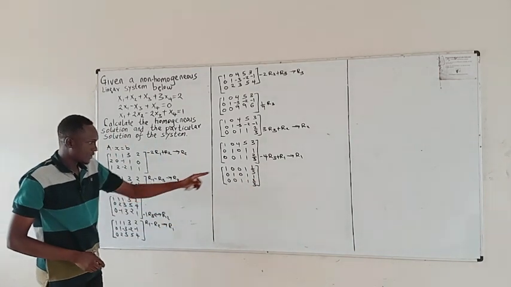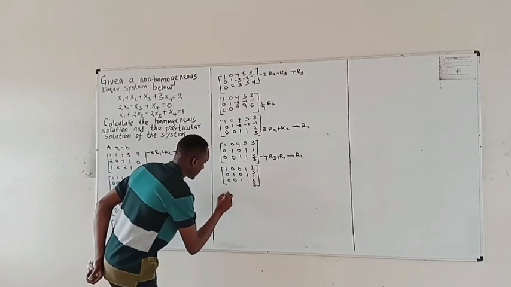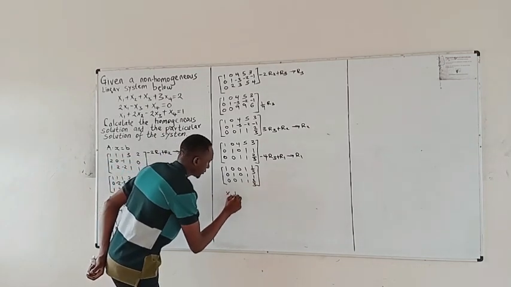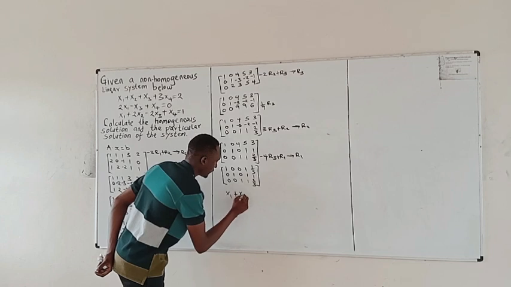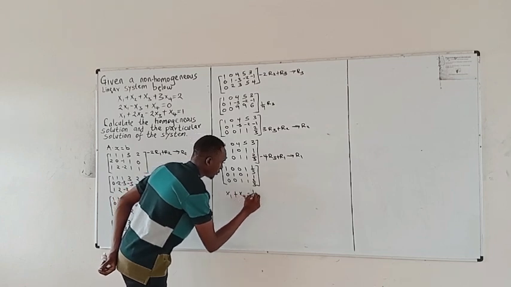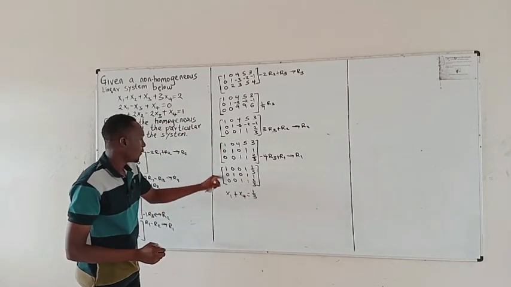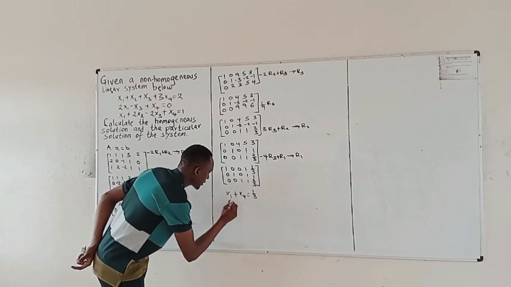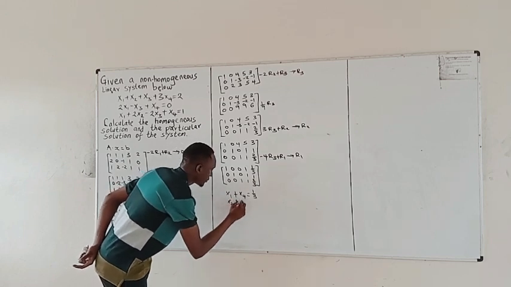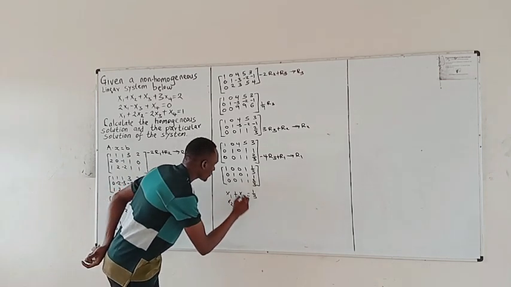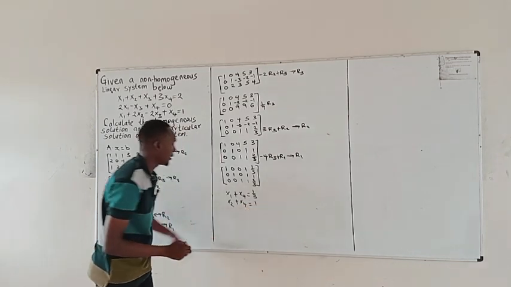Now we realize from row 1 that x1 plus x4 is equal to a third. From row 2 we realize x2 plus x4 is equal to 1.